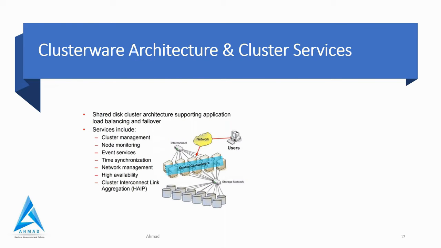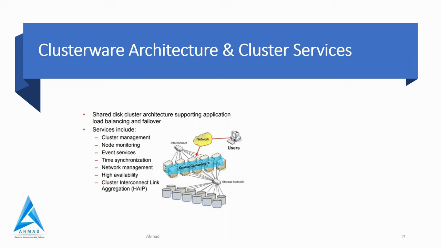And the high availability, as I said, is the service that monitors and restarts all resources as required. High availability means if any failure happens, then that service or that node is automatically restarted, but it depends on the cause of shutting down that node.